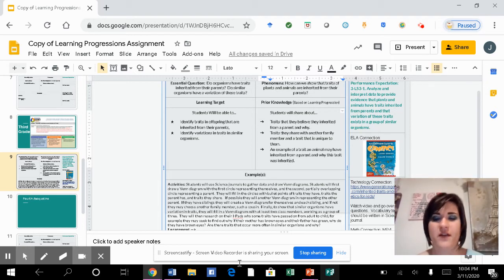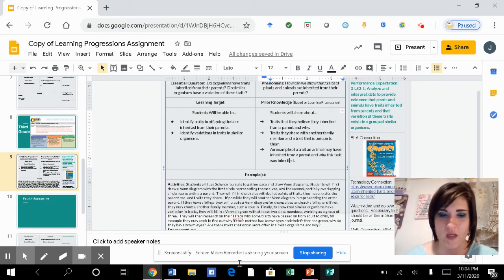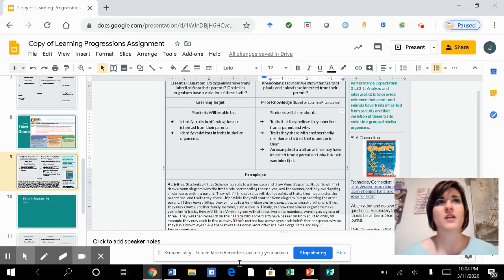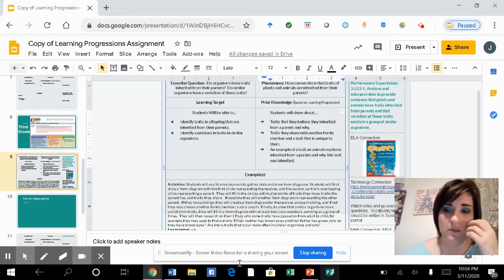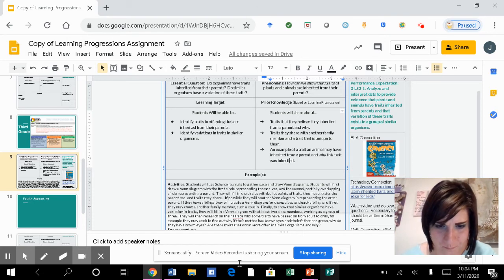So one example of an activity that teachers can do to reinforce this standard is using a journal to gather data, and they can use a particular graphic organizer such as a Venn diagram. Students can then not only create a Venn diagram to compare parents and the offspring, but then compare how a parent and multiple offspring have similarities and also differences.